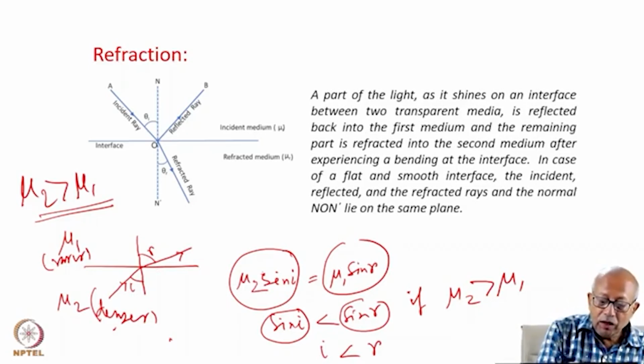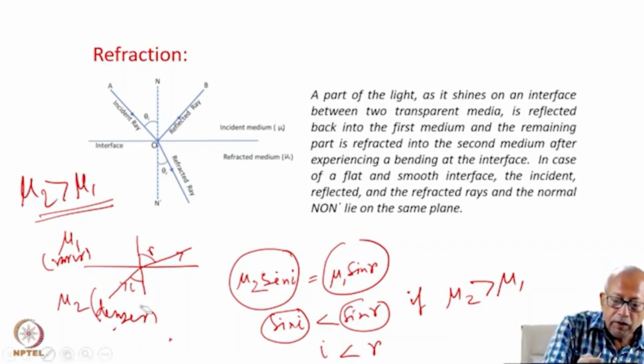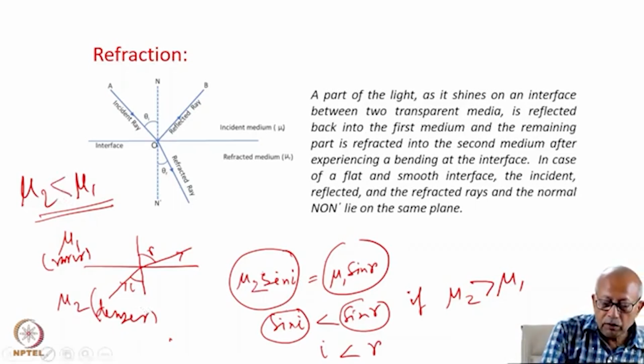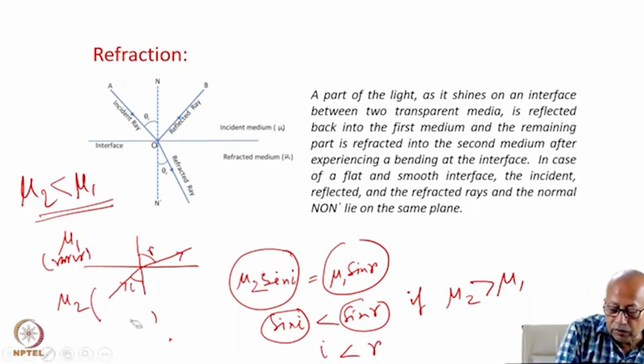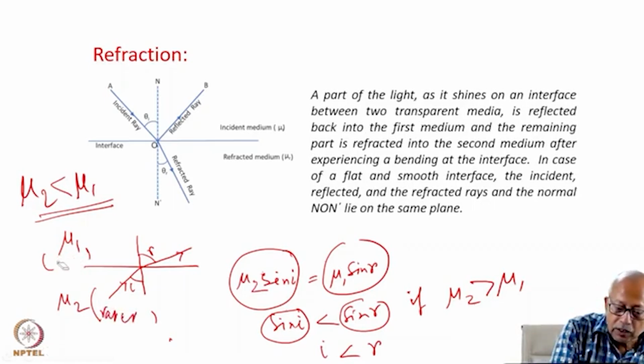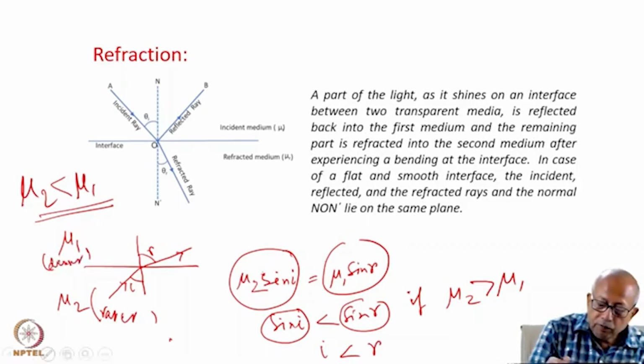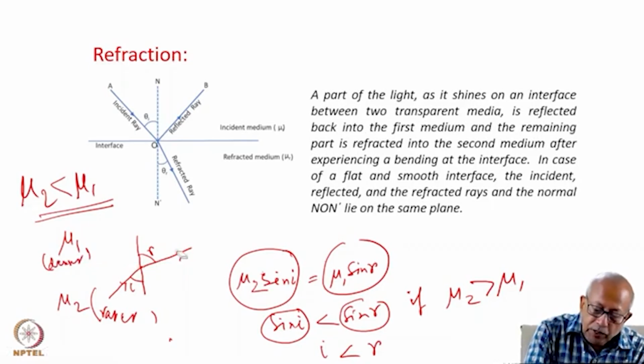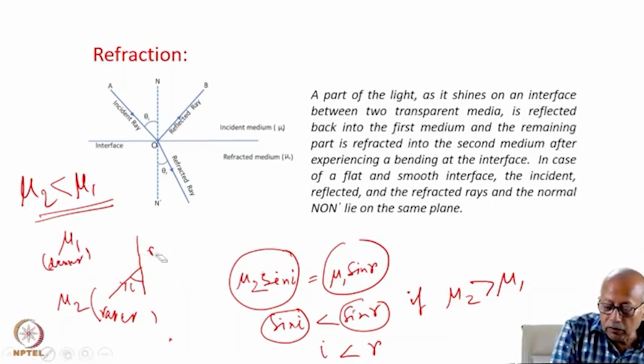If mu2 would have been less than mu1, that means this was rarer and this was denser, then light would be bending towards the normal.